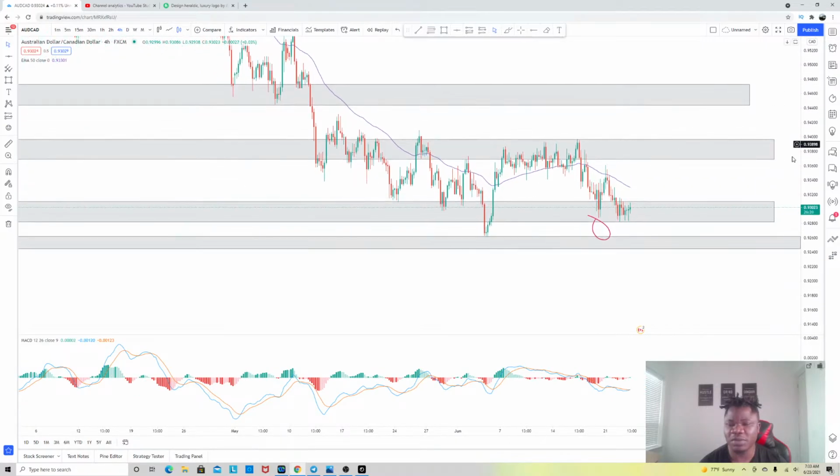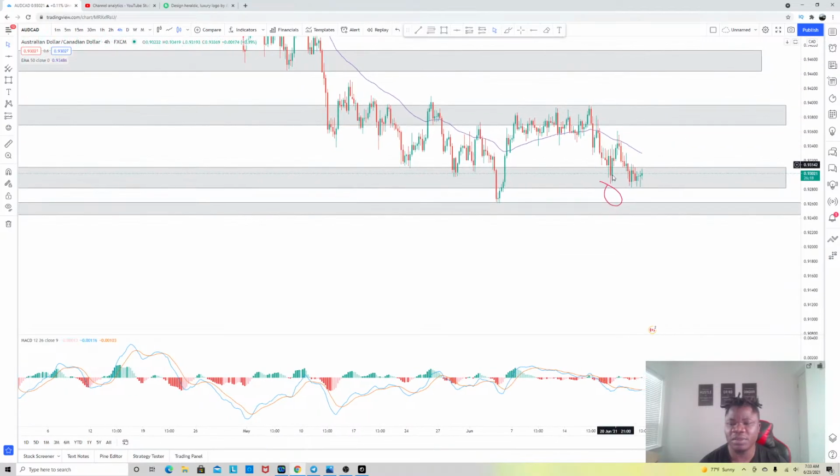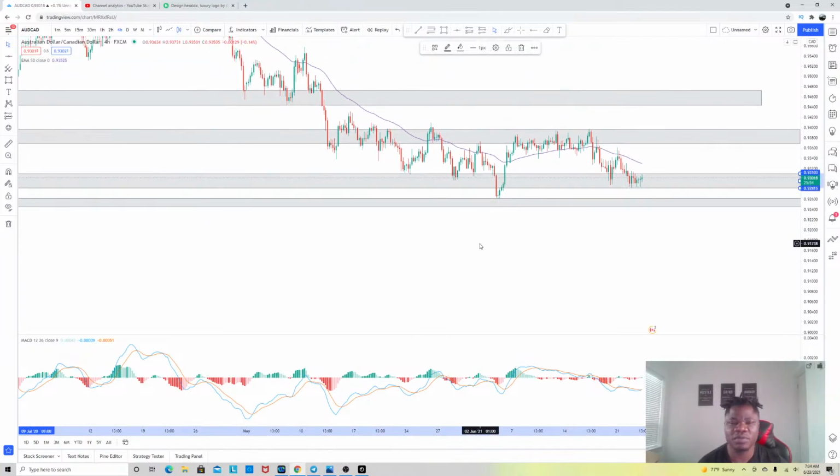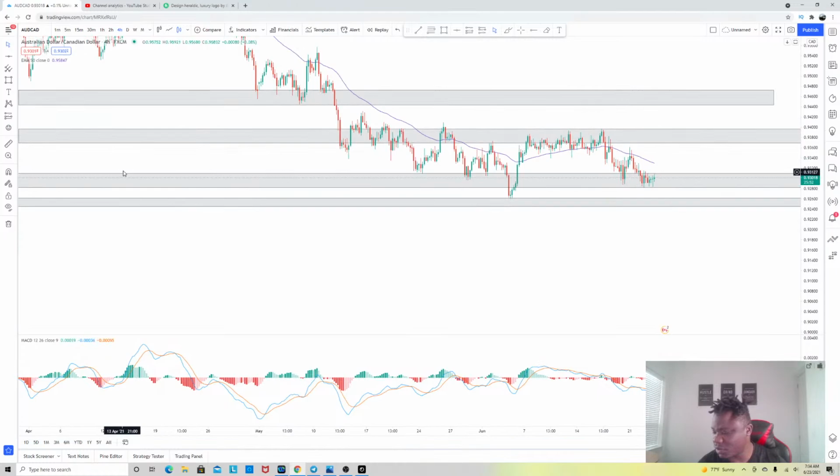So looking at AUD CAD, if we have a break below this zone that I told you earlier, then you'll be looking at about 35 pips on AUD CAD potentially. But AUD CAD is currently on the downtrend. That's what I'm looking at.